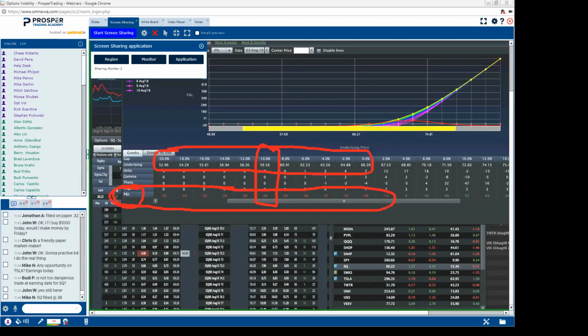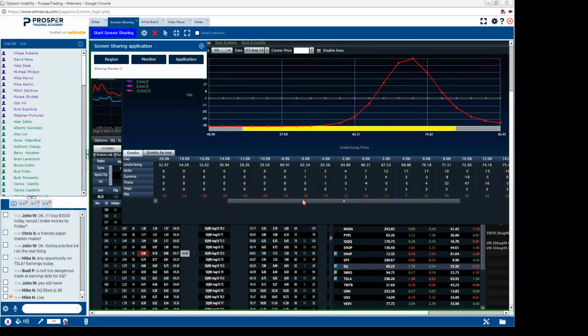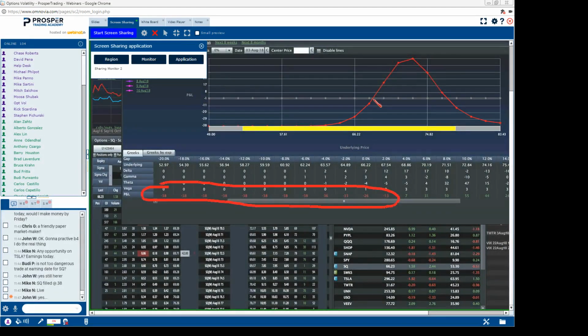Okay, so this P&L that we see down here, John, this 38 cents negative, thank you, negative 38 cents, correlates to the graph up here and this loss area right here.